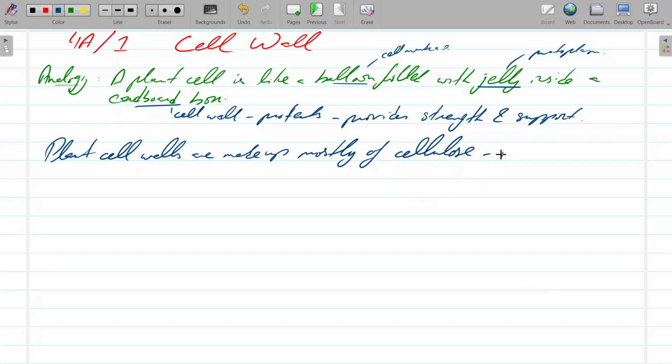It is a carbohydrate, a polysaccharide. In fact, it is a polysaccharide of beta glucose.